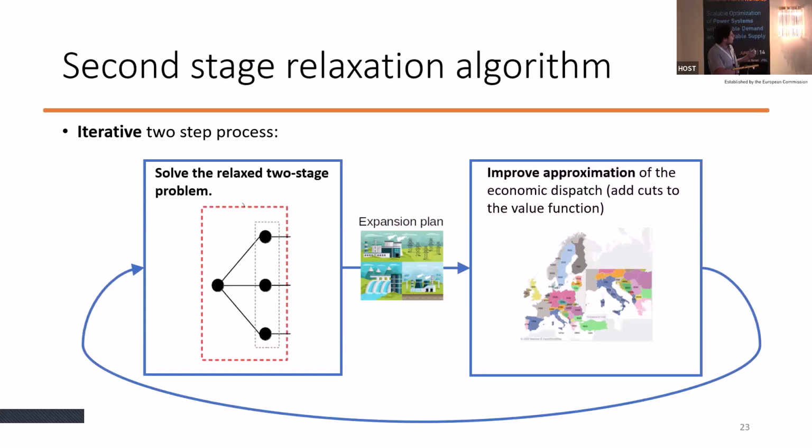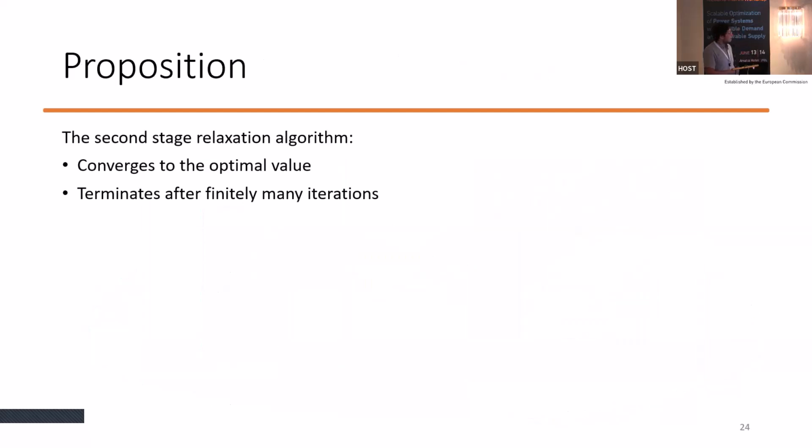Then we just continue in this way throughout iterations. We have a proposition showing that this second stage relaxation algorithm converges to the optimal value of the problem, and moreover that it terminates after finitely many iterations, so that we are sure that at some point we arrive at the optimal value.